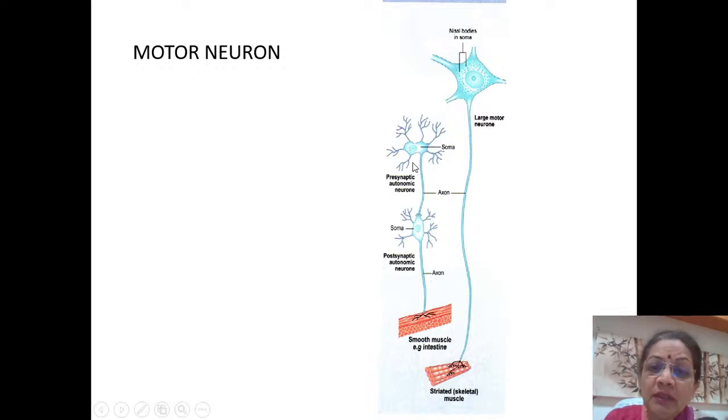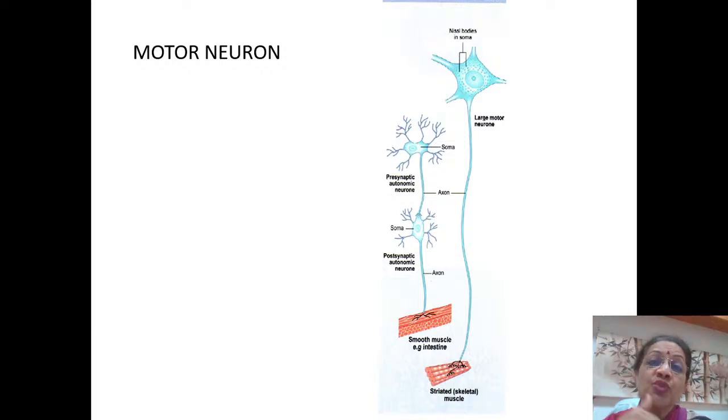So the neuron which is going to be receiving this signal also has a cell body or soma, also has a dendritic tree, also has an axon, and that is going to end up on a smooth muscle, for example in the intestine. So because a nerve to nerve junction has happened here, we said that is called a synapse.